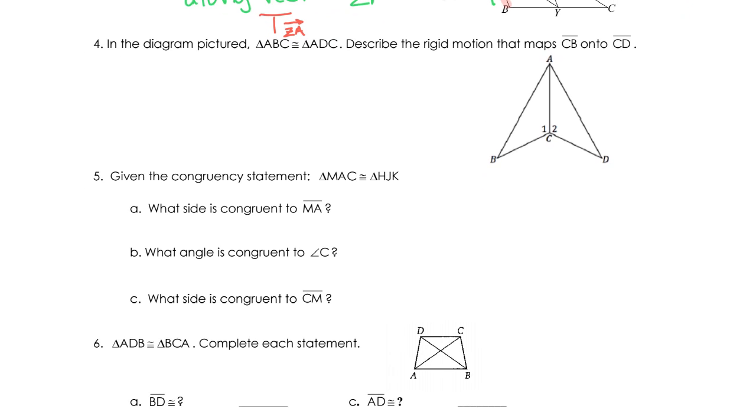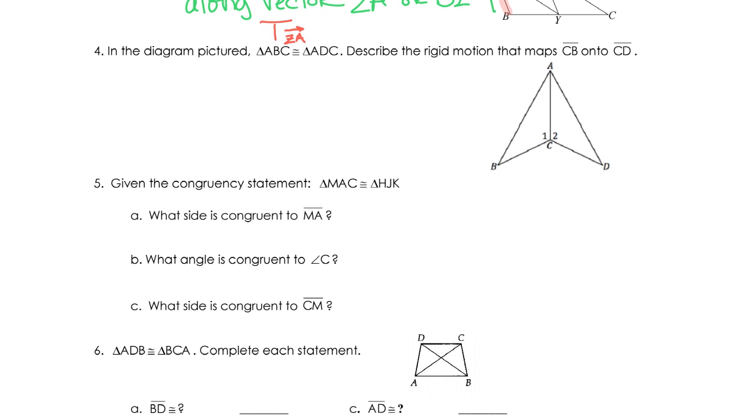Number 4, it says in the diagram pictured, we have triangle ABC, and it's saying that it's congruent to triangle ADC. And it says describe the rigid motion that maps CB onto CD.